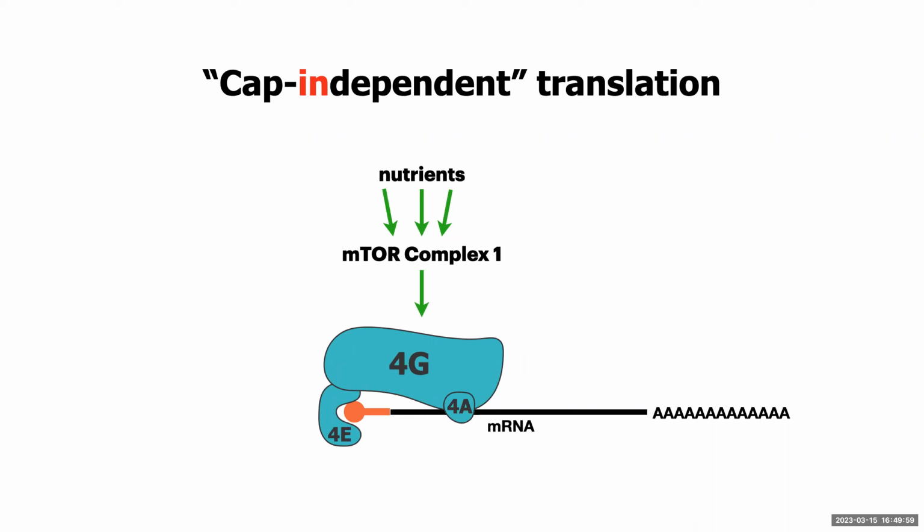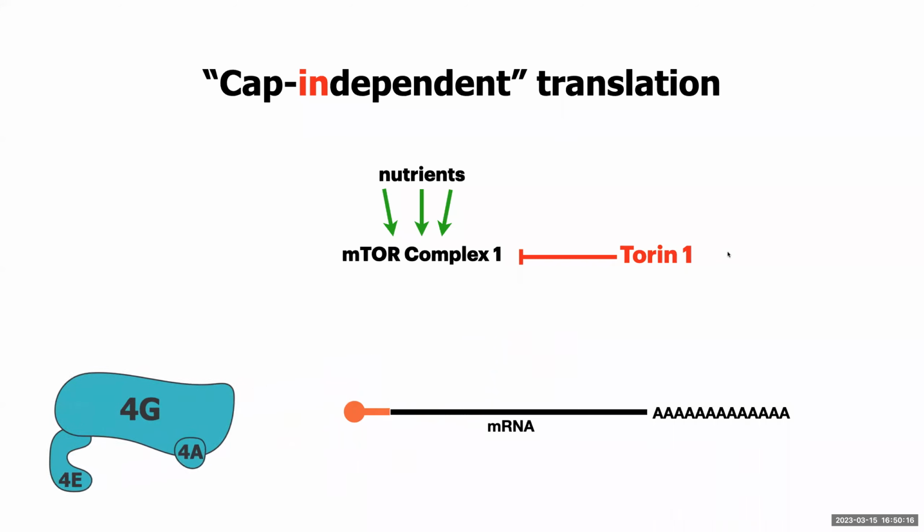I mentioned this briefly at the beginning, but the primary regulator of this translation factor is the mTOR complex 1 pathway, which senses nutrient signals. If we turn off mTOR complex 1, either by nutrient deprivation or inhibitors, like this mTOR inhibitor, TORN1, 4F is disassembled and dissociated from RNAs.